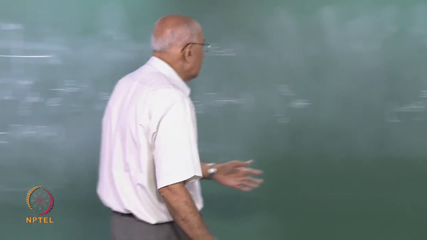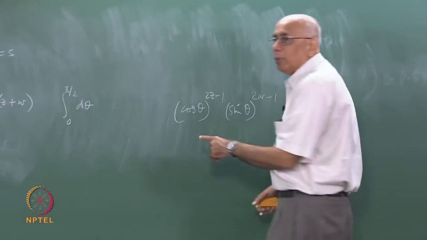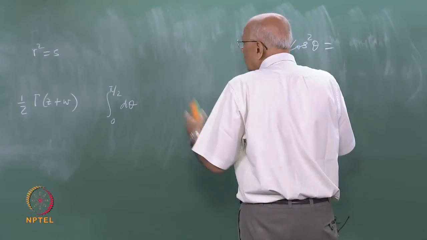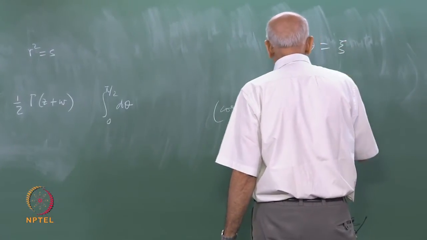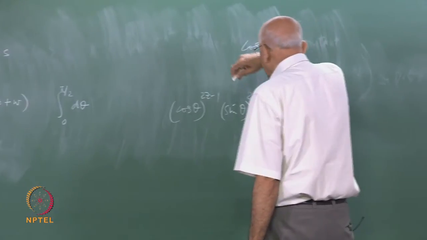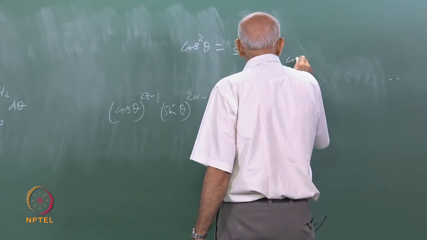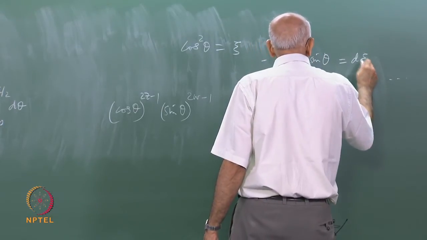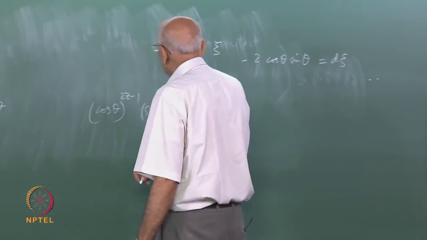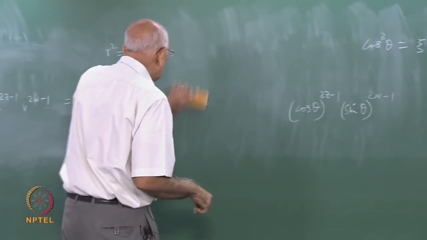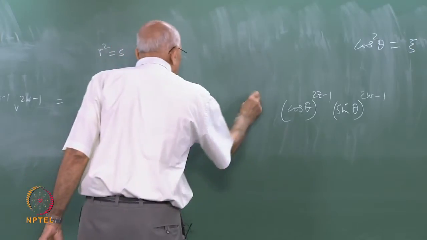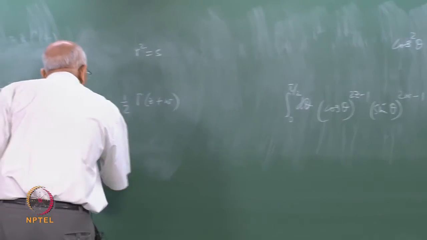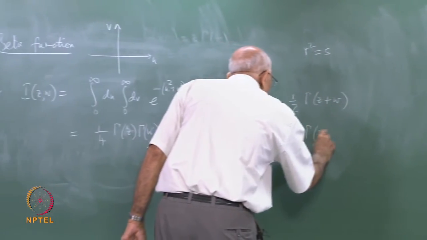Now it is not hard to see that this guy here, if I put cos squared theta equal to some new variable, let us call it xi, then that says 2 cos theta sin theta with a minus sign equal to d xi, and this integral will become what?